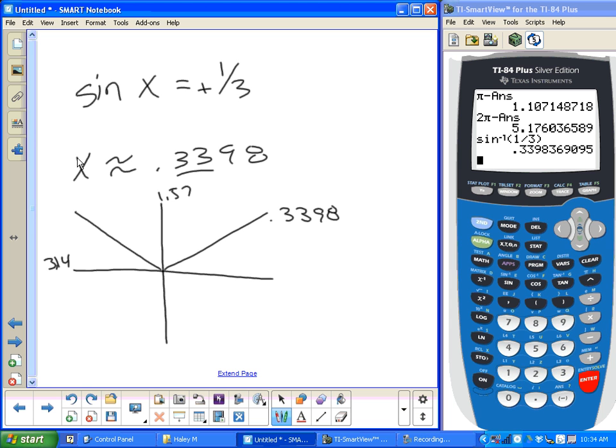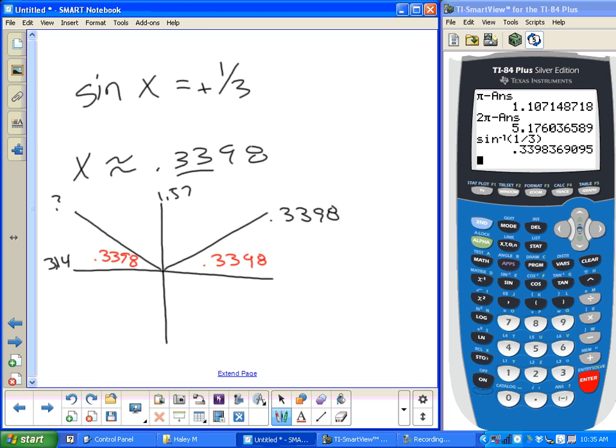Now, what's going to help me find that angle? Y'all got to it faster than I did, but that's fine. I was going to say the reference angle, which is the same, isn't it? So that would be the reference angle.